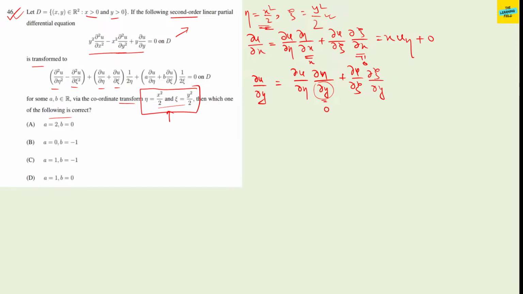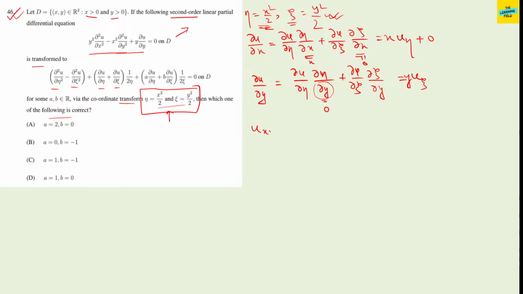And ∂ξ/∂y means y, so we write here u_ξ times y. From here ∂ξ/∂y equals only y, so we get these two things, plus the other term goes to 0.